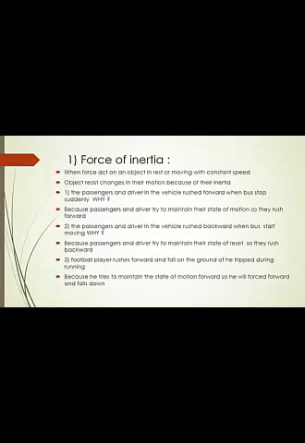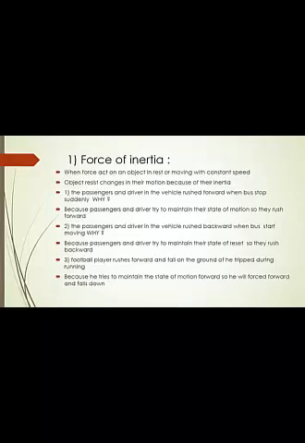To simplify the meaning of inertia: when a force acts on an object in the resting state or in a moving state with a constant speed, every object tries to resist this change in its motion. Why?